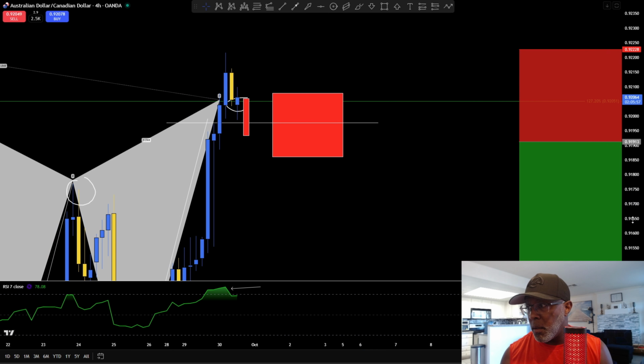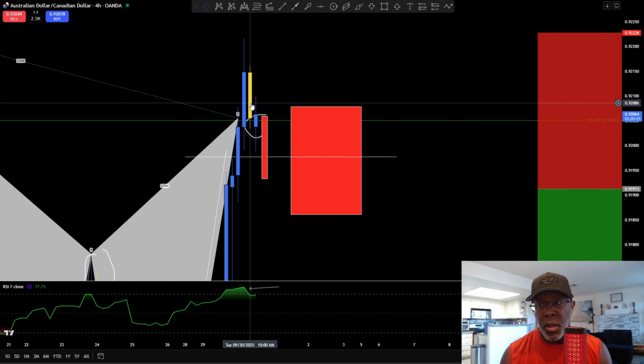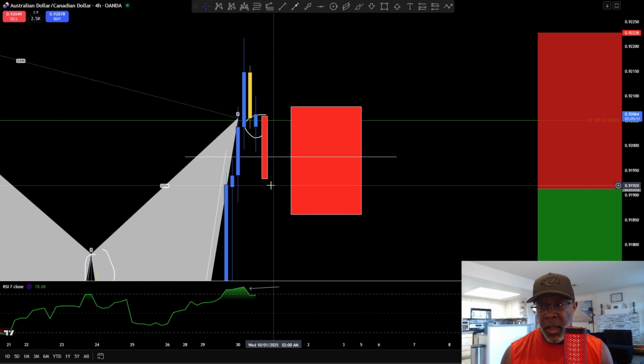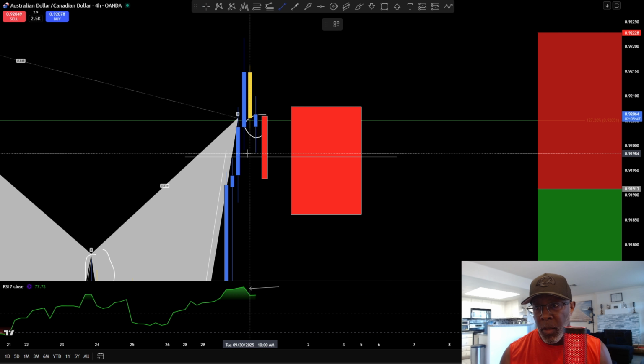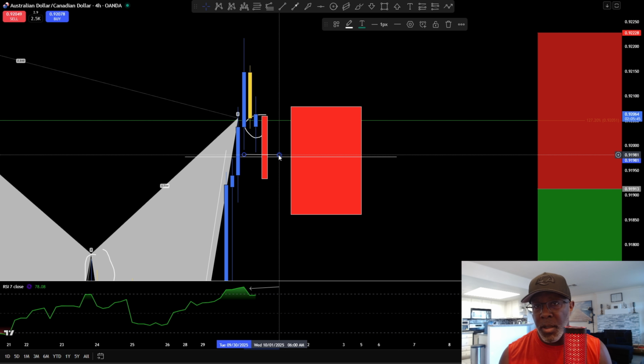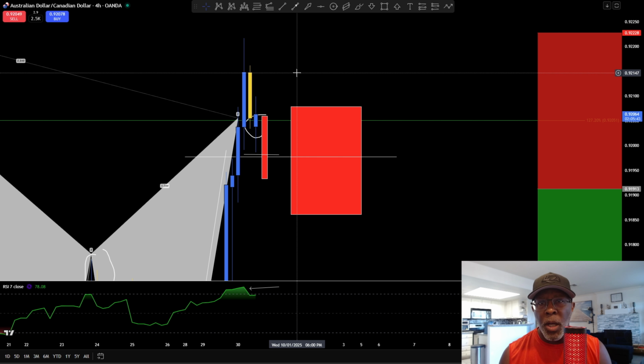If you can see that, this is what 3-bar continuation would look like. Okay, engulfing candle, doji, trigger and entry, closing beyond the doji, taking out the doji. Okay, so that's conviction there. That's seller conviction there.